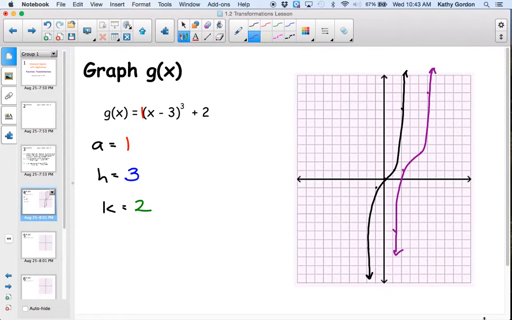Now, whether you actually draw the parent or just think about it, it's up to you. Some of you are good at seeing that stuff in your head. Others of you actually need to see it on your paper. What I would ask is that if you're going to do both, then label. So when I go to graph, I know that you know this was just the regular parent, and this one is what I'm now saying g of x should be.